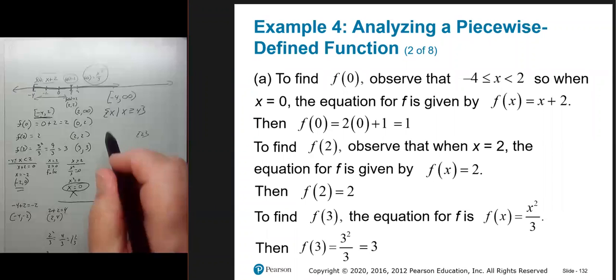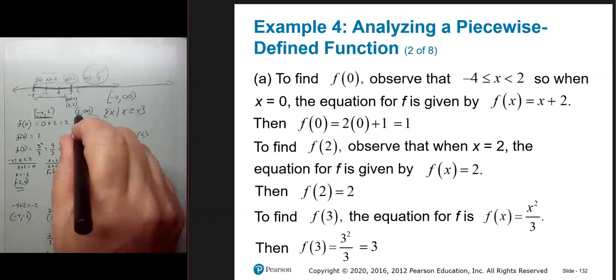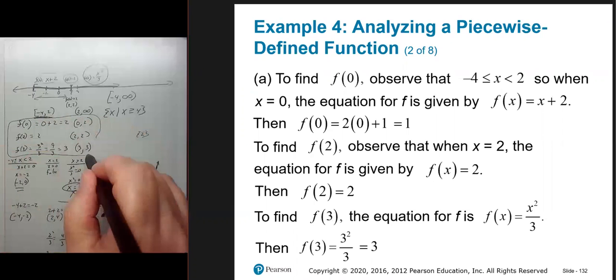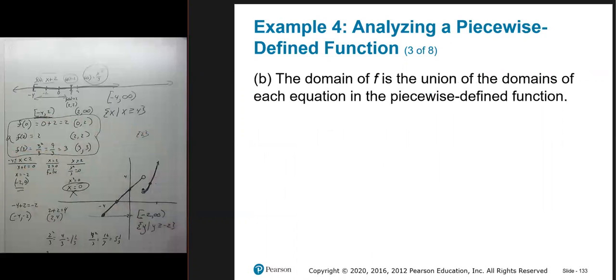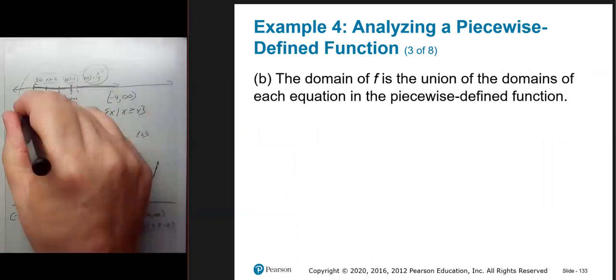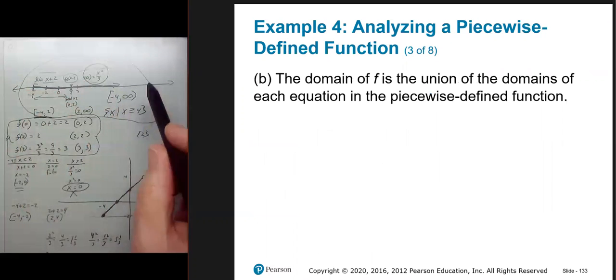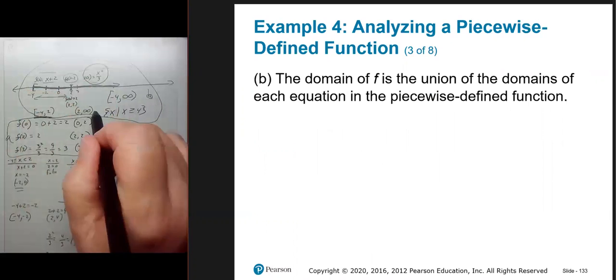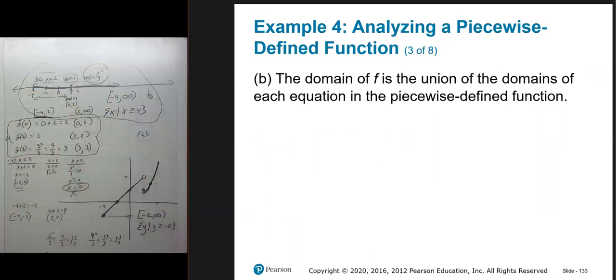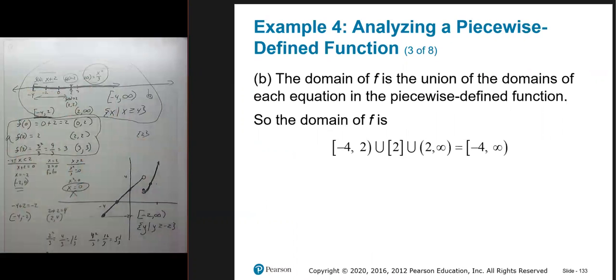And so that's what we did up here with this right here. This was A. And then they're asking for the domain. That's kind of what I did up here with the domain. That was B. And I did that first because from my point of view, it's easier. It's just easier to do it that way. I don't know.